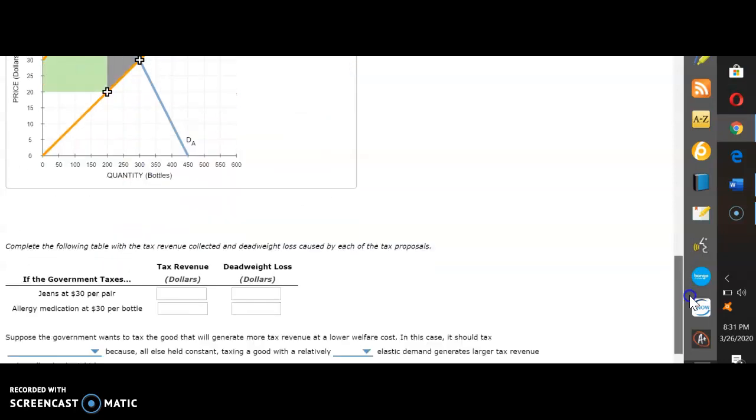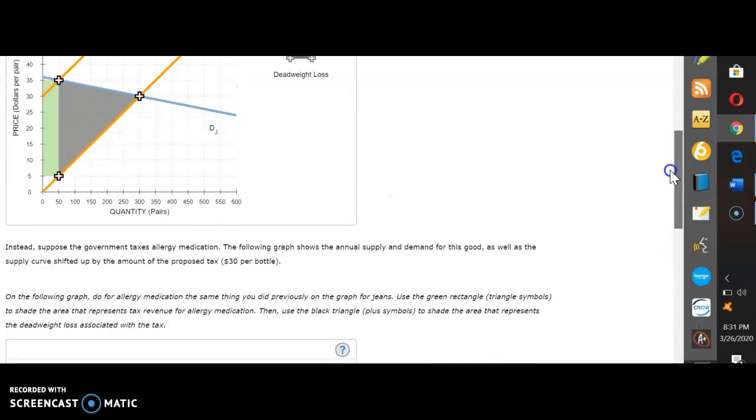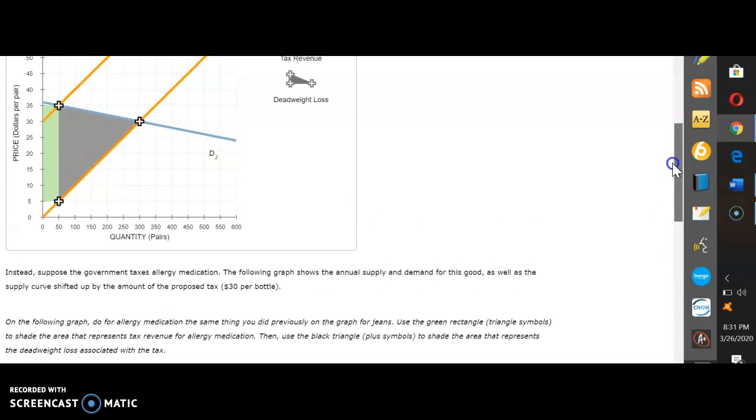Down here, they're going to ask you to calculate the deadweight loss. That's the only tricky part. And that is just the area of this triangle. The area of a triangle is calculated as 1/2 base times the height, or easier, base times height times a half. So here's the base.